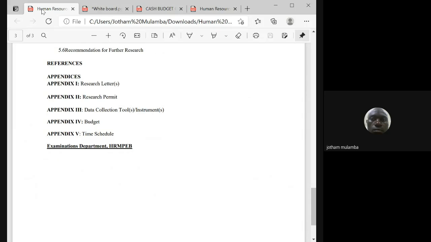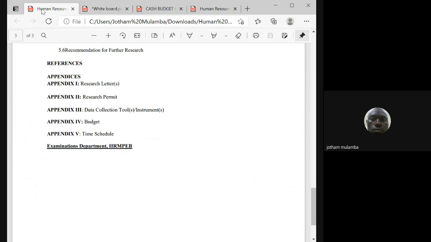So you are giving us the reference there, so that if I want to read more about that particular book, as much as in your document I've seen you have cited Mugenda and Mugenda, I can now get the full details of that book and read. So ensure that all authors that you have cited in your work are on the list of references. It's not a fraction. Don't take a fraction and say that's representative of the others. You have to include 100% of all references.